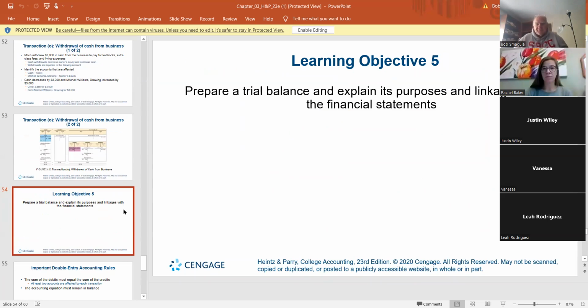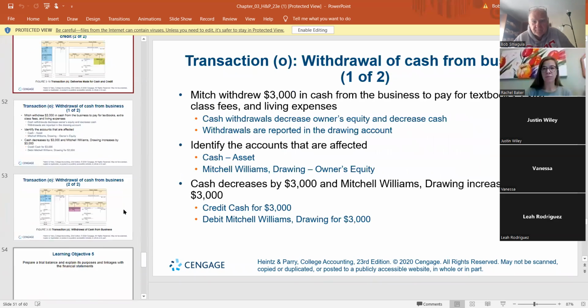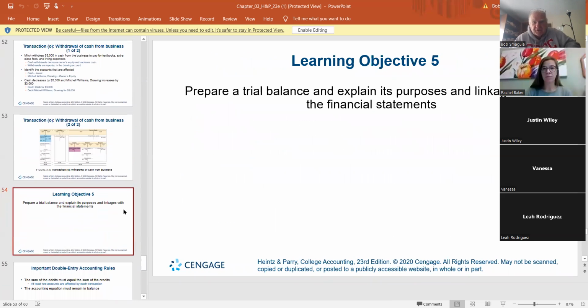Now, let's go back to our financial statements for the second time, okay? Prepare a trial balance. We're going to prepare now what's called a trial balance.